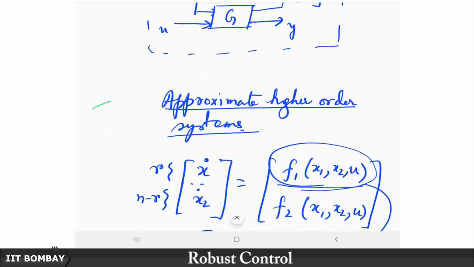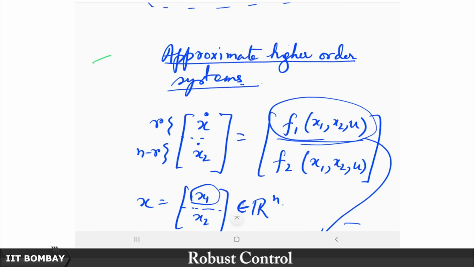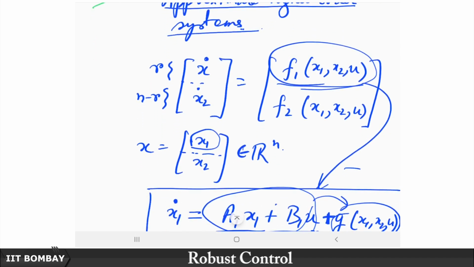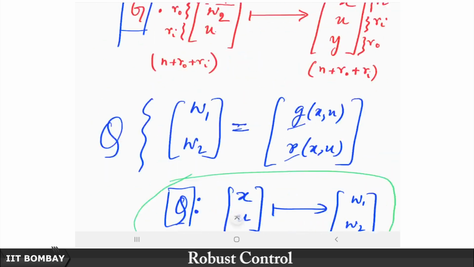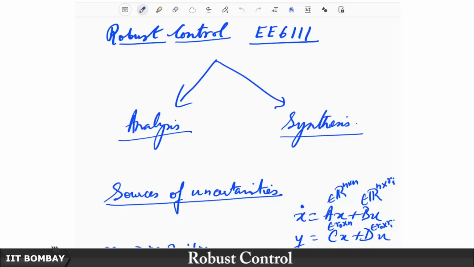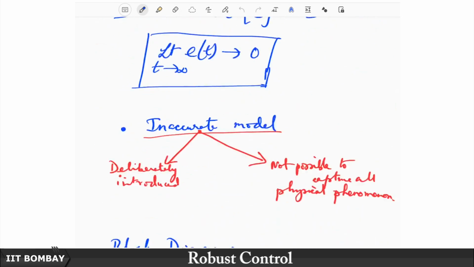The second example we of course took was that of a higher order system, where we ignored some of the states, the higher order dynamics represented by x2. So, essentially this is x1, eventually this is x1 that we were concerned with.